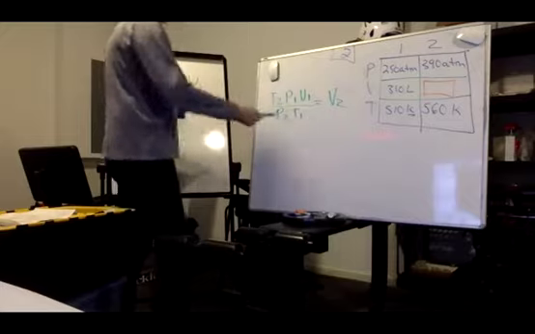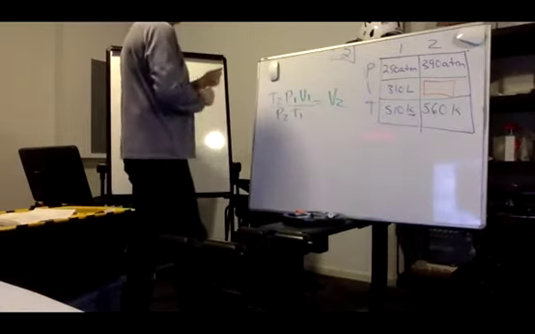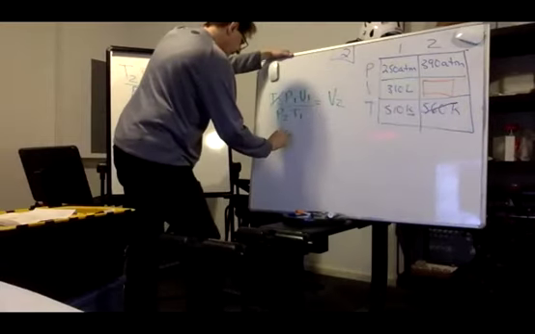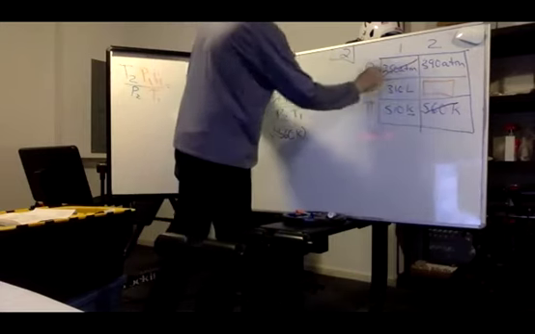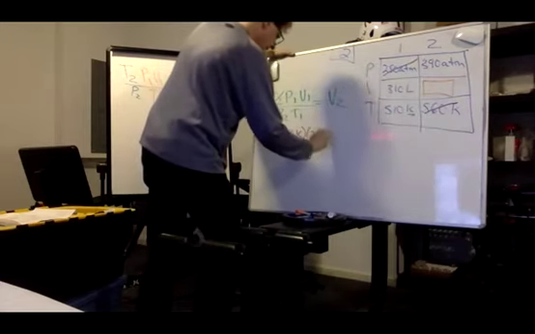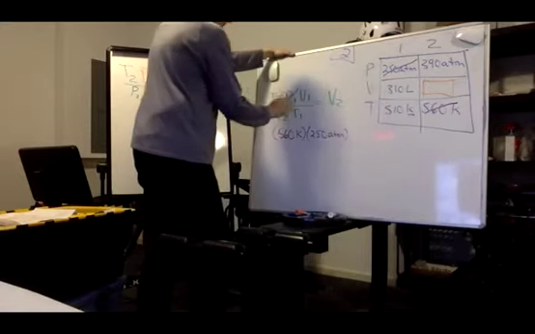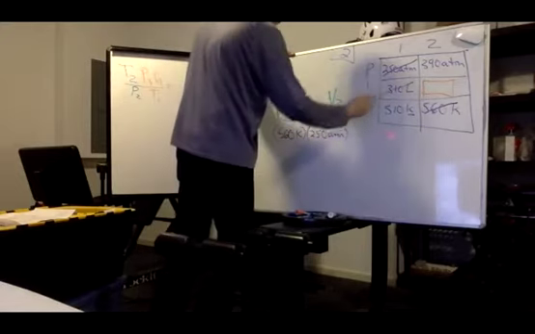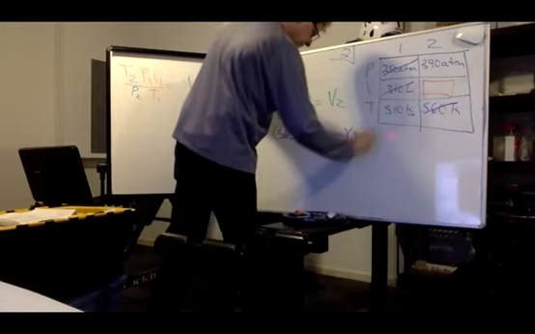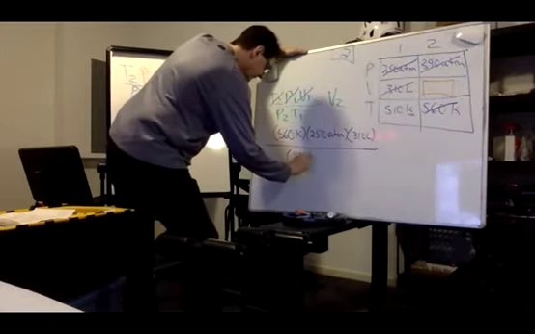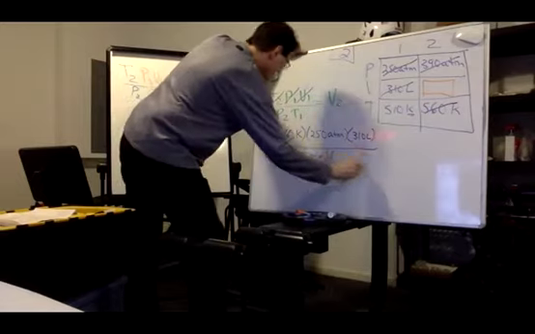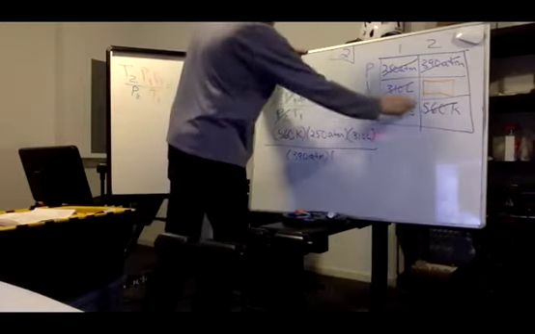So now I just plug the numbers into the letters. T2 is 560. P1 is 250. V1, 310. P2, 390. And T1, 510.